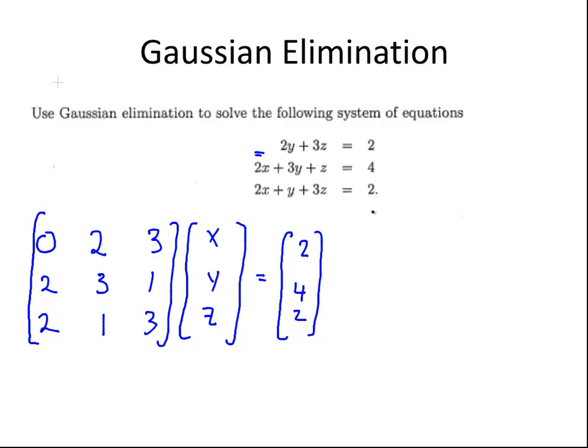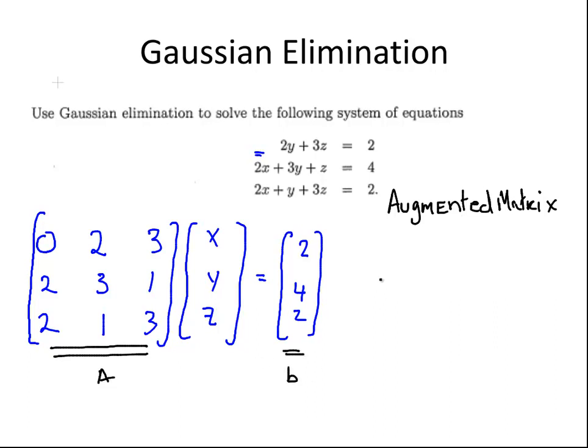What I'm going to do now is write out the augmented matrix. And the augmented matrix is what we actually use in Gaussian elimination. So it's essentially this matrix here, which I'm going to call A, plus this matrix here, which is going to be called lowercase b.